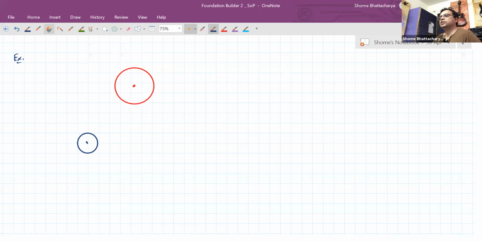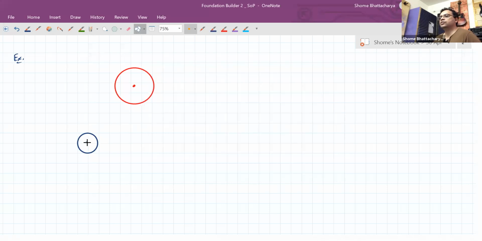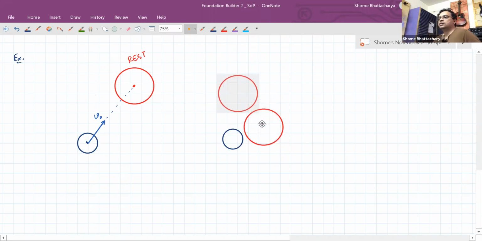But if the velocity vector of the first one is in such a direction that it's aimed directly towards the center of the second disk, directly along this center to center line, and the second one is at rest initially, then when they collide, the direction of the collision force is exactly the same as the direction of the initial velocity. So the final velocity will also be along that same line.